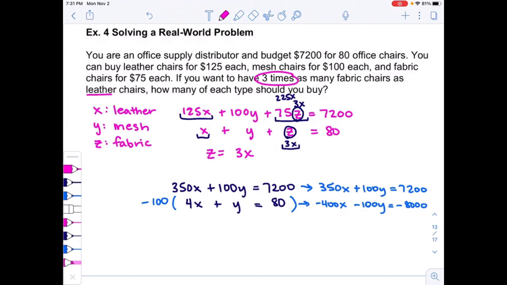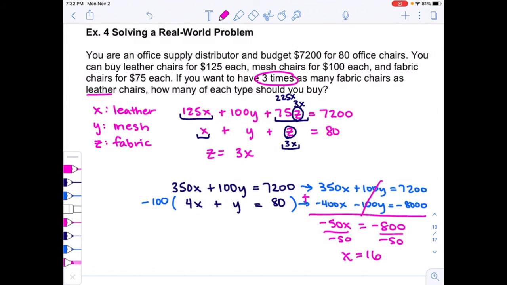And we are ready to do some elimination. Our y variables are going to cancel by adding them together. So positive 350 with a negative 400, that's a negative 50x. 7,200 with a negative 8,000 is going to give us negative 800. Divide by negative 50. So x is going to equal 16.